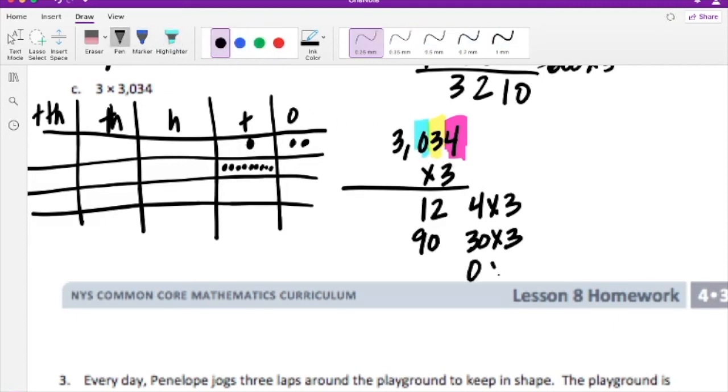That's 0, right? Or you could say 0, 0, 0. It's just 0. Then I'm going to multiply 3 thousands times 3, which is 9,000.